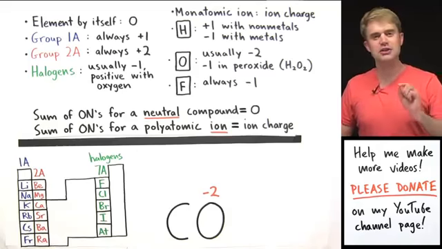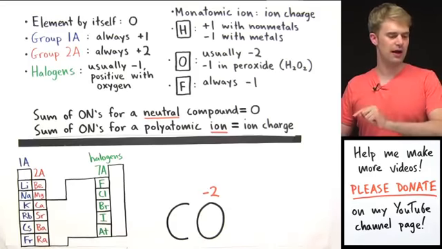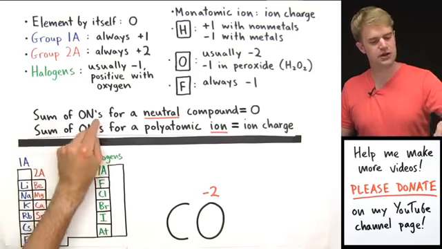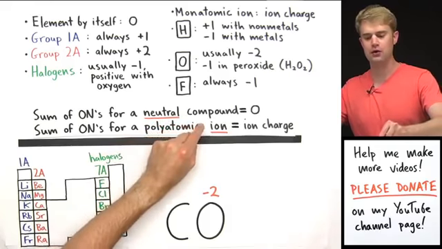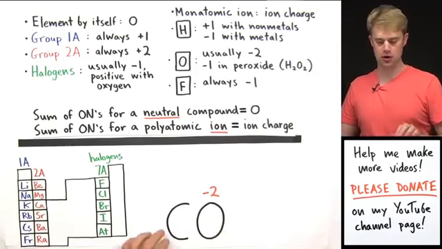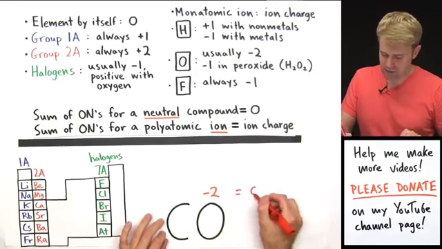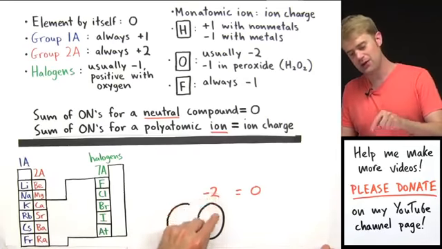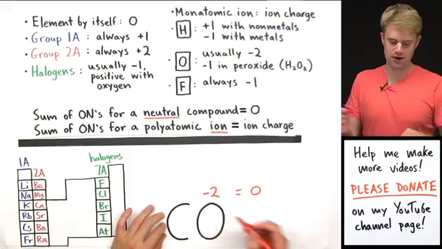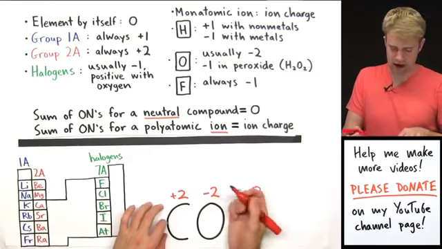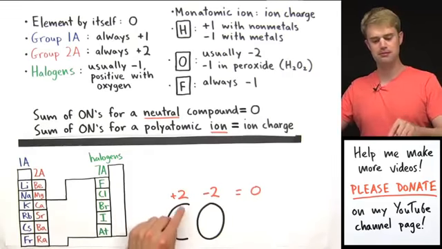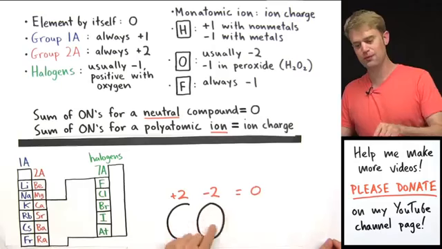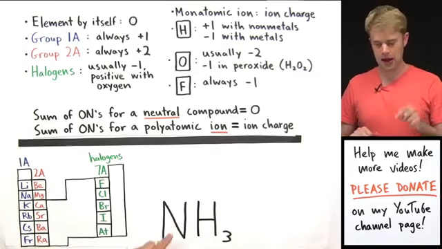Now, let's use this other piece of information that we know, and that's the sum of oxidation numbers for a neutral compound should equal 0. So whatever carbon's oxidation number is should add together with oxygen's to make 0. So we can figure out that carbon's oxidation number should be +2. -2 from oxygen gives us 0.